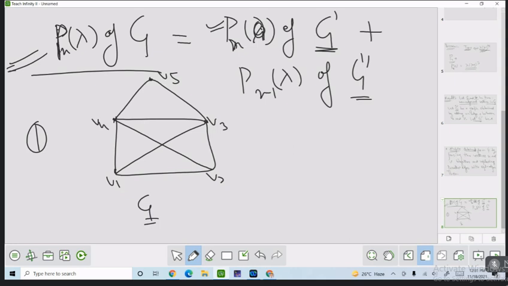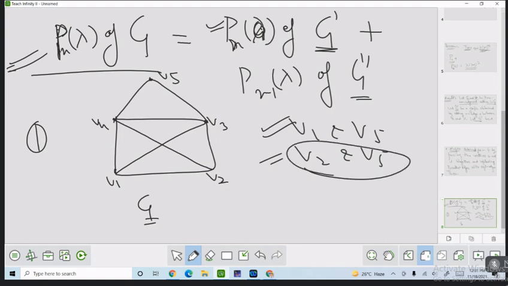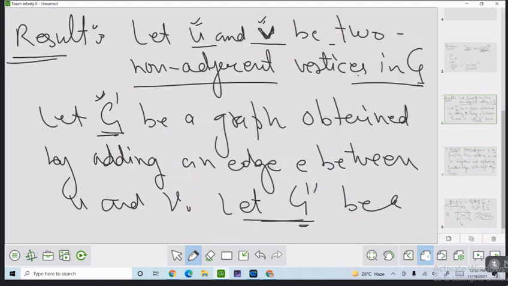You will take two non-adjacent vertices. Which ones are non-adjacent in this graph? You can take V1 and V5, anyone you can take. Otherwise, I take the second one, V2 and V5. So what will you do according to the result?